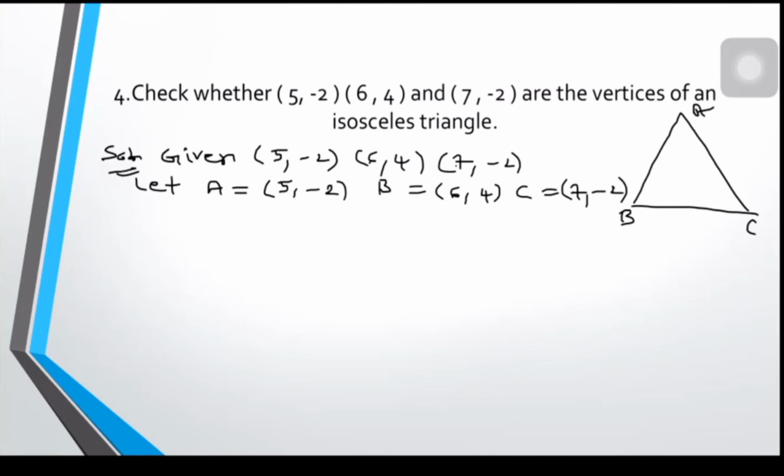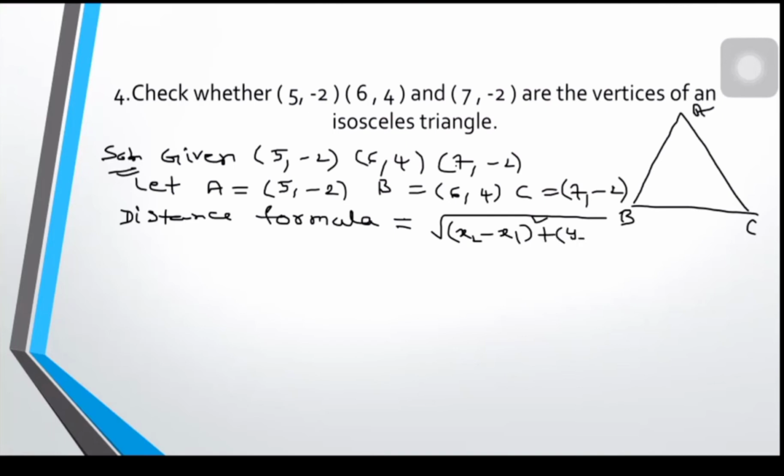Now find the distance between AB. So we know the distance formula between 2 points: root of (x2 minus x1) whole square plus (y2 minus y1) whole square.